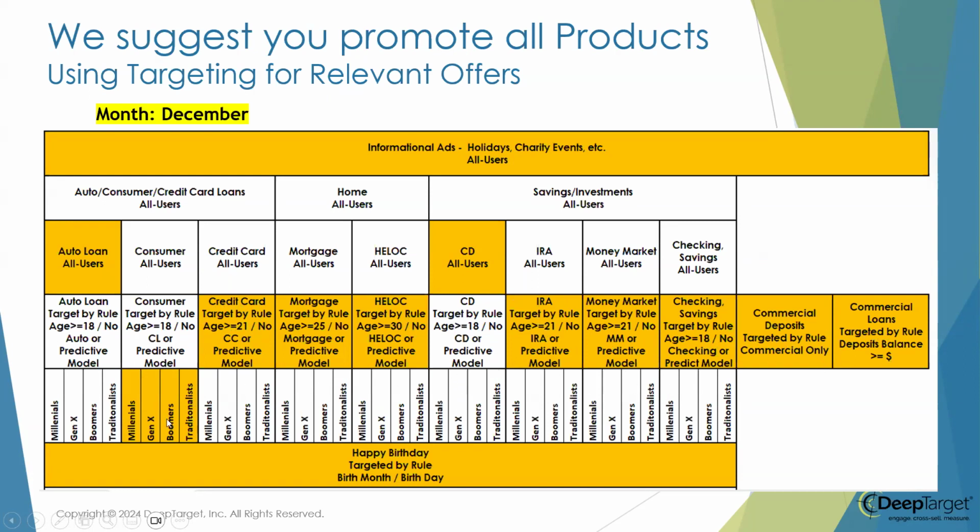So if you added all these up, you're looking at a couple of these informational, 2, 3, 7, 8, 9, 10, 11, 12, 13, 14, 15, 16, 17 for birthday, 18 for anniversary. So 18 to 20 to 25 campaigns run at any one time. Some systems out there only allow you to run 5.